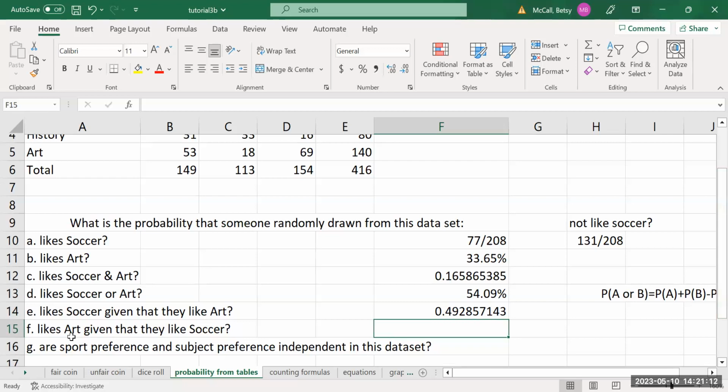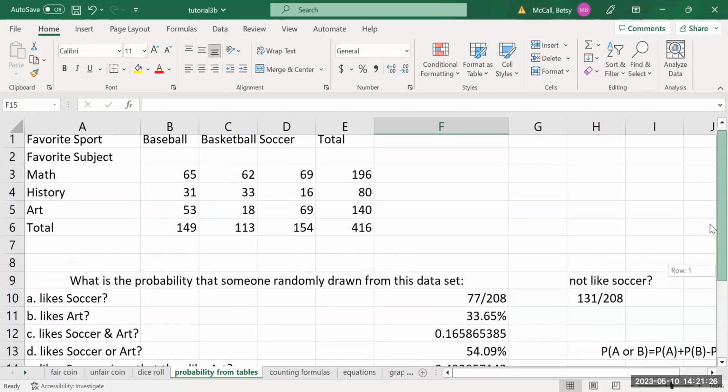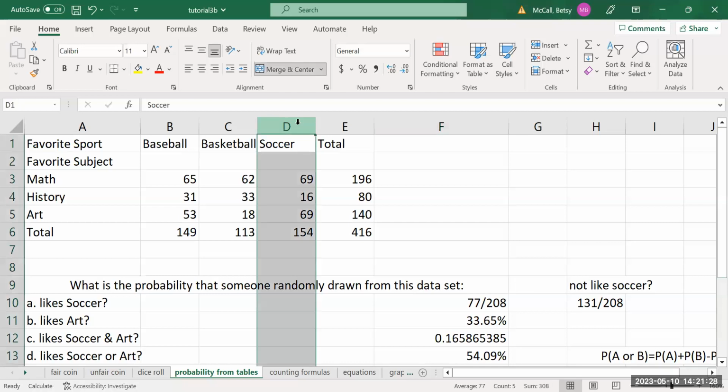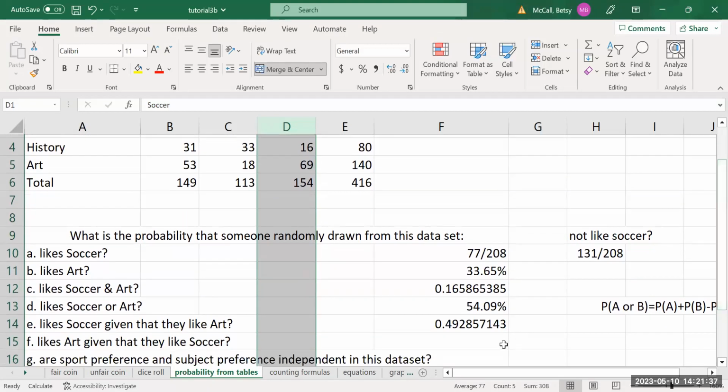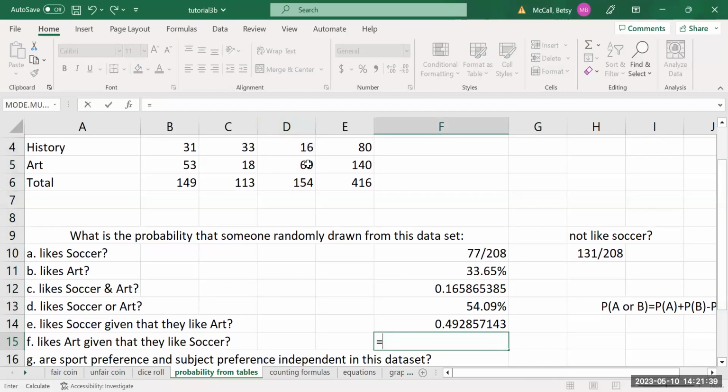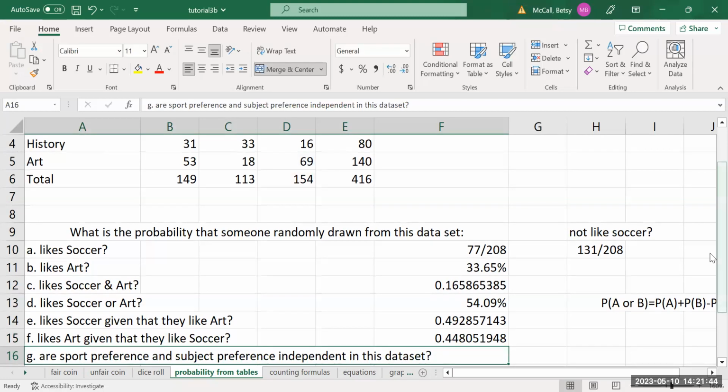And if we do the reverse, who likes art, given that they like soccer, the numerator is going to be the same, that's still art and soccer together. But now we're only considering this column of people who like soccer. So the denominator will be different. The denominator will be the number of people who like soccer. So 69 divided by 154.